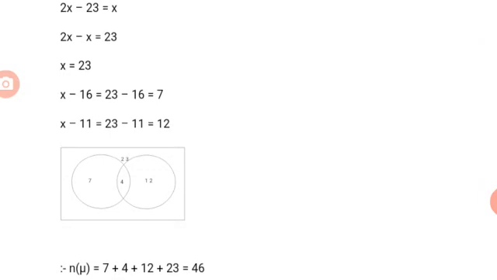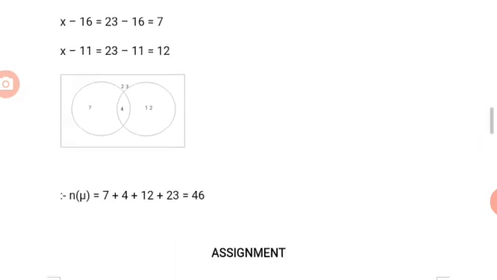Then you have 23 as the value of x. Therefore, the number of the universal set in this case will be 7 plus 4 plus 12 plus 23, equals 46.